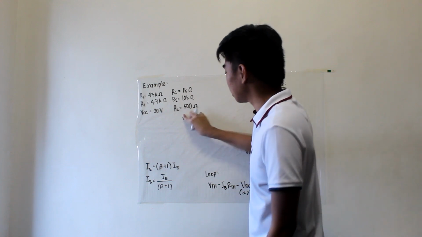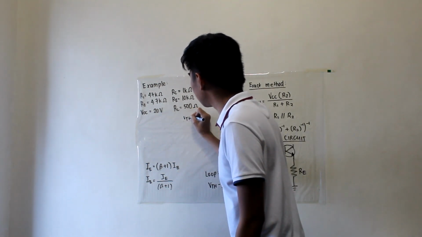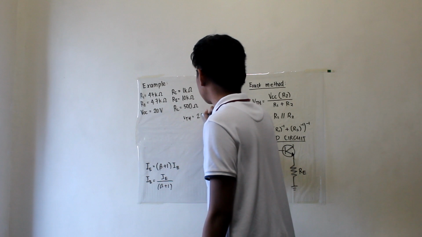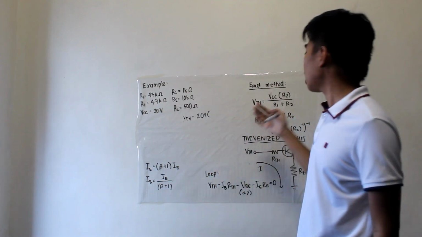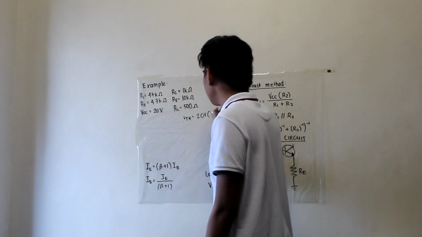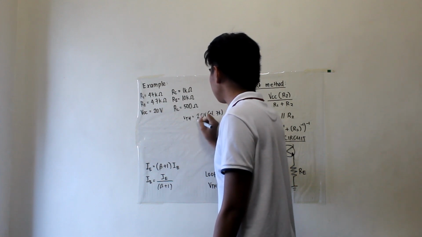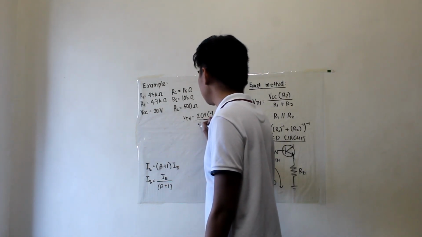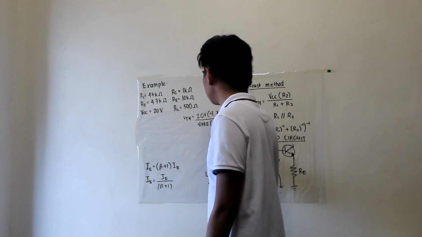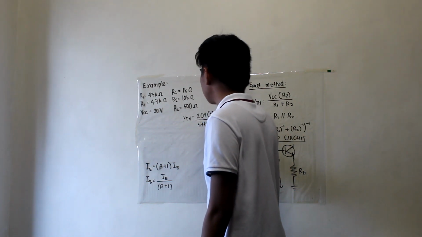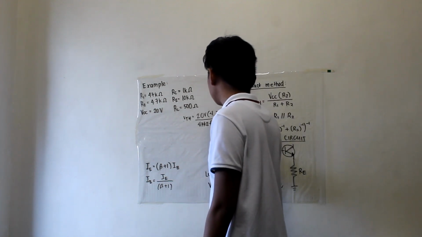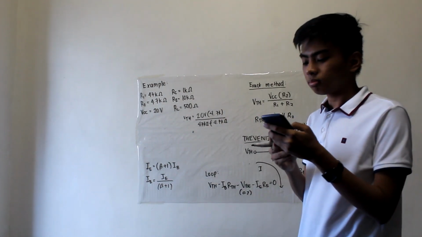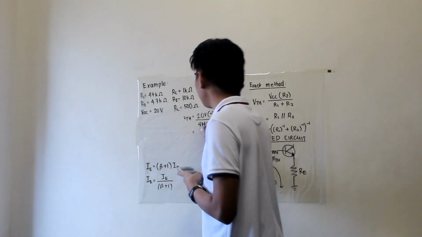So VTH is equal to VCC, which is 20 volts, times R2, which is 4.7K, all over R1 plus R2, which is 47K and 4.7K ohms. Equal to 20 over 11.